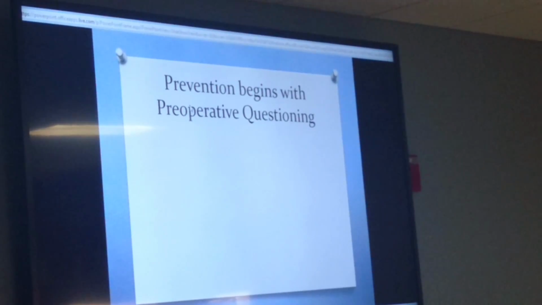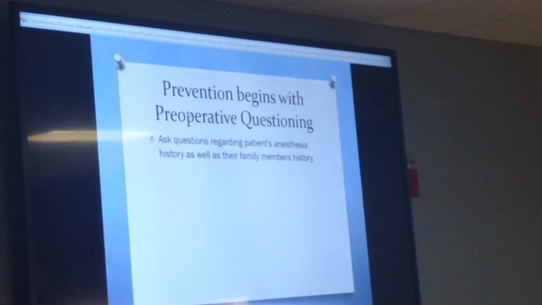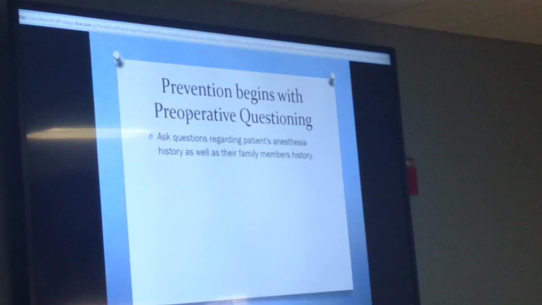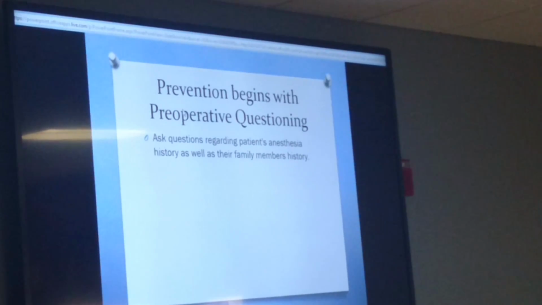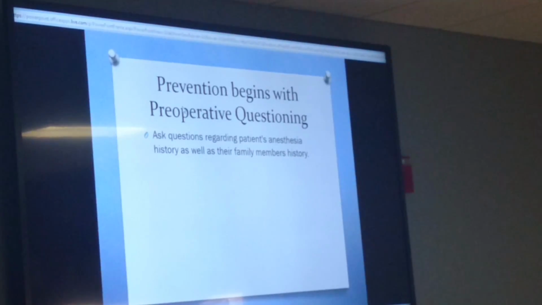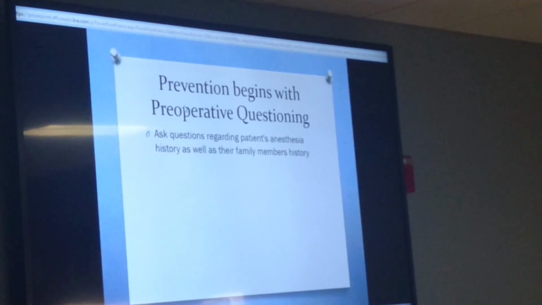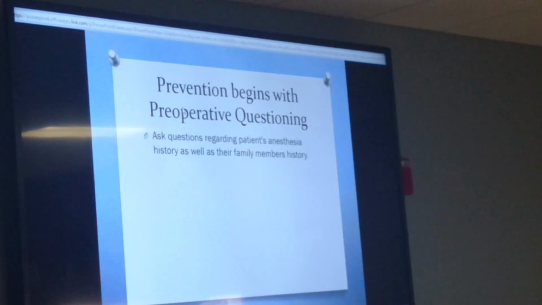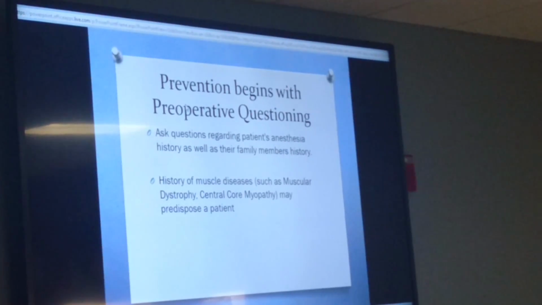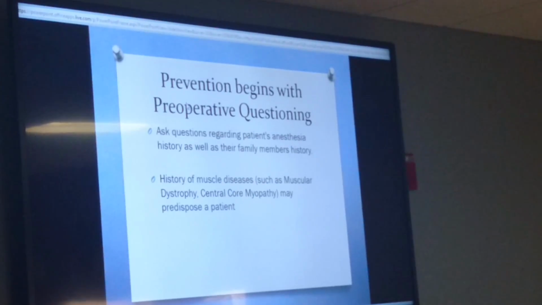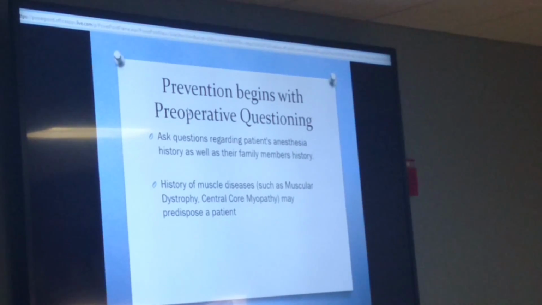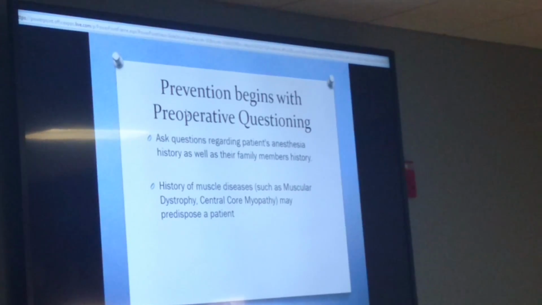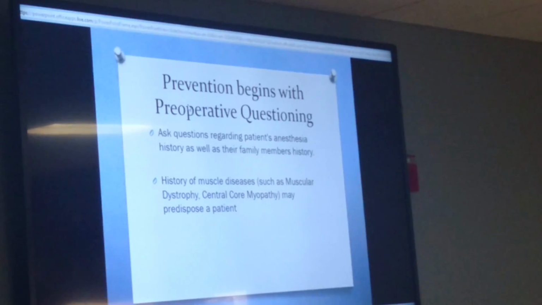Okay, so prevention. How do we prevent this from happening? The first thing is really good pre-op assessment. That's why we want to call and talk to almost every single patient that comes for surgery. You want to ask if they have a family history of anything happening during anesthesia. If they have a history of muscle disease like muscular dystrophy, central core myopathy, patients with central core myopathy sometimes have a defect in that ryanodine receptor.